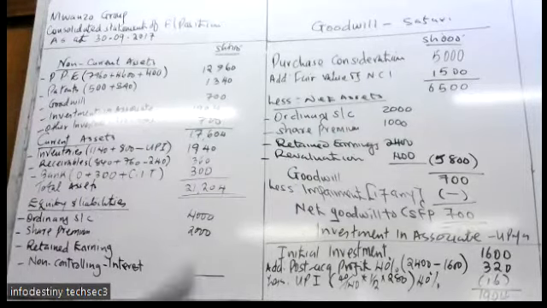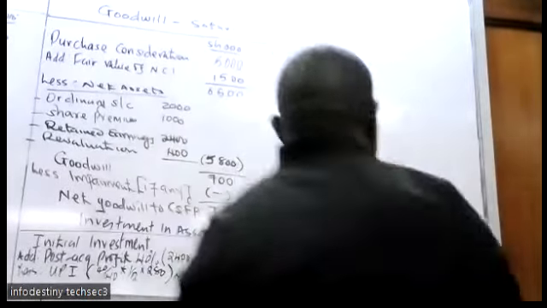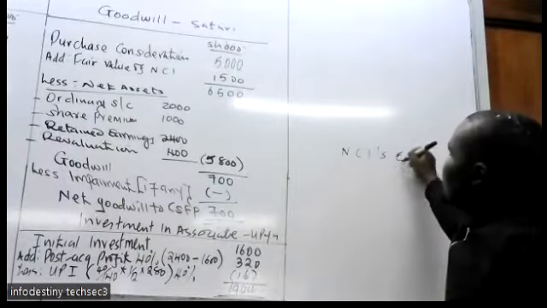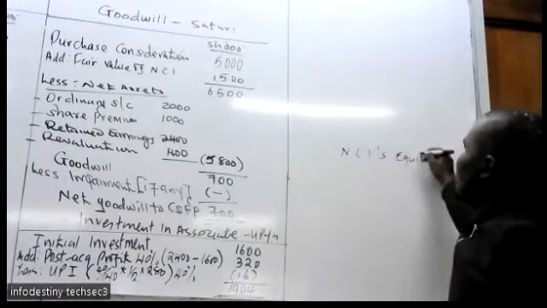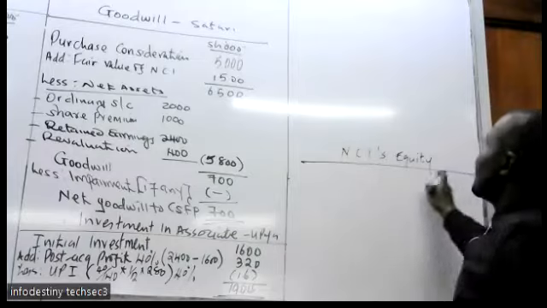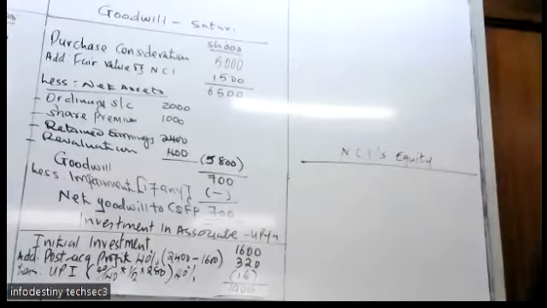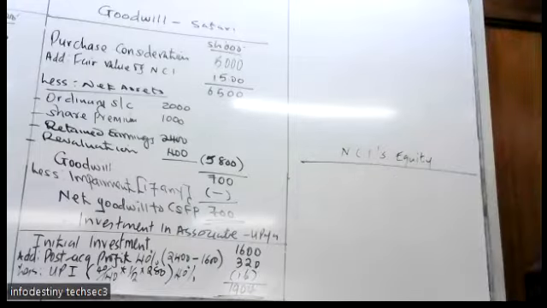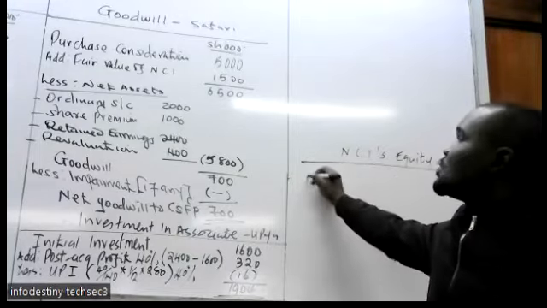So if you have a working outside there, you say NCI's equity. Were we given their fair value on the date of acquisition? You can use that route. If you are given, you just use that route.